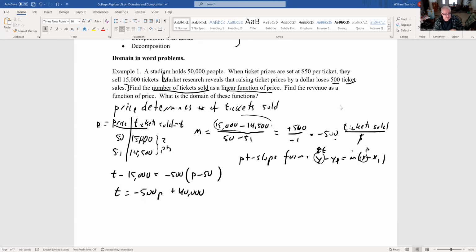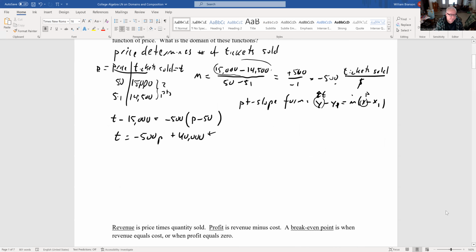And so we get this equation. The 40,000 is the y-intercept, or the T-intercept in this case, and it tells me that when the price is 0, if you're giving away tickets, 40,000 people would show up. So the graph of this would start at 40,000, and then you decrease by 500 for every dollar increase in price.